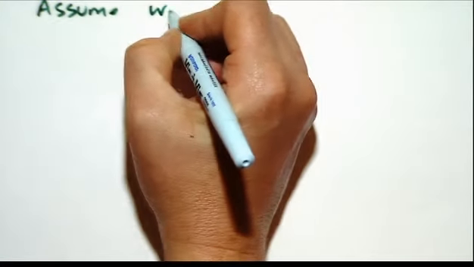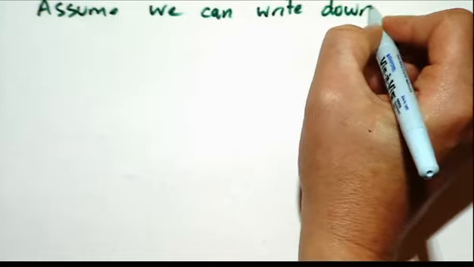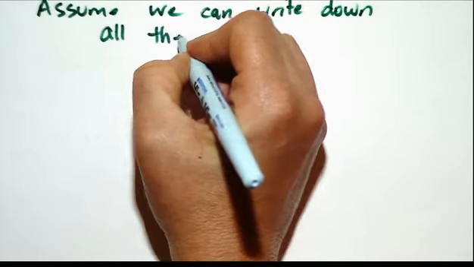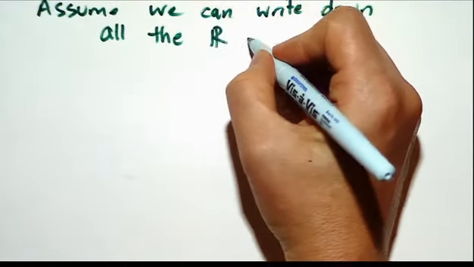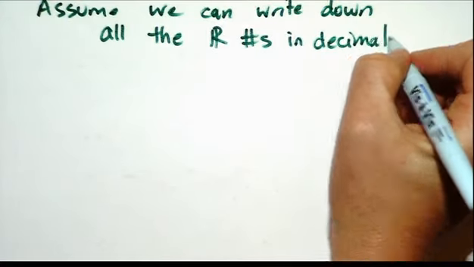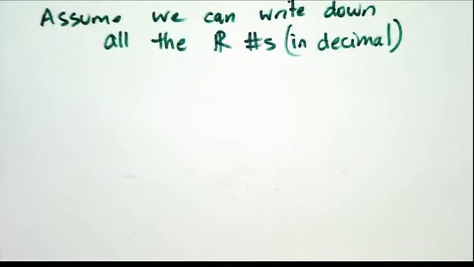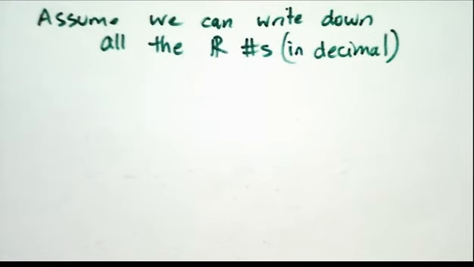So Nathan suggests, let's assume that we can write down all the real numbers in decimal, or some other notation. Okay, and then there's a little bit more to that argument.